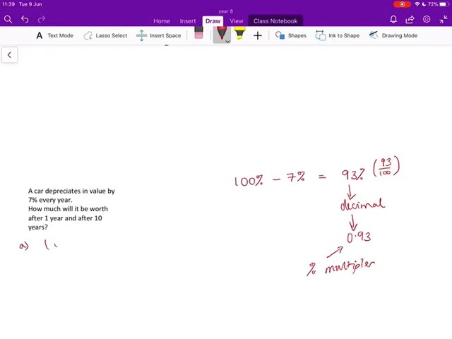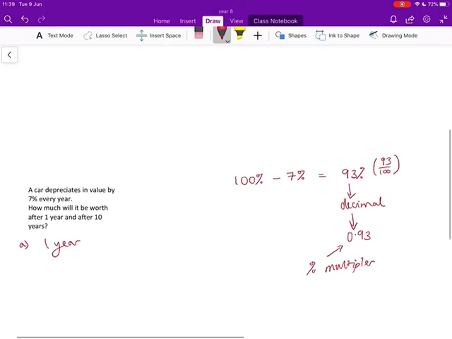So how much will it be worth after 1 year? That means it's just losing that 7%. So let's say its value, which I forgot to put on, starts the year at 20,000. Maybe you buy the car brand new at 20,000. By the end of the year, we're multiplying by 0.93 in order for it to lose 7%.